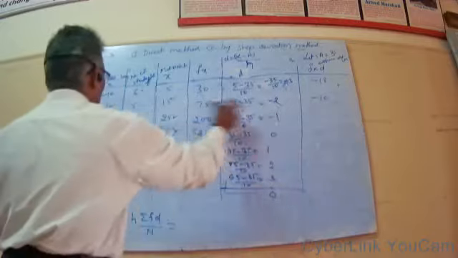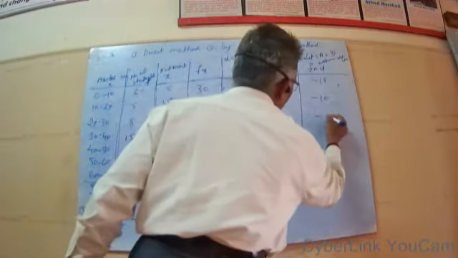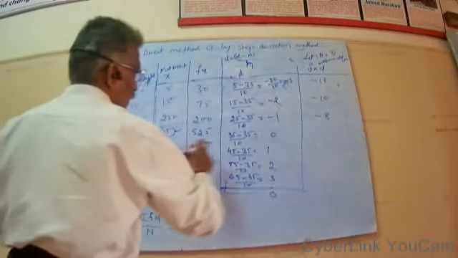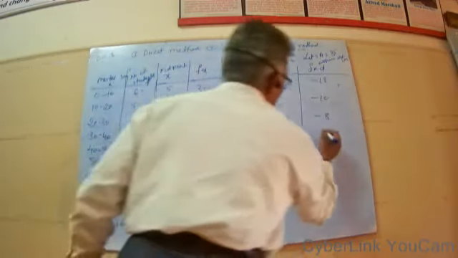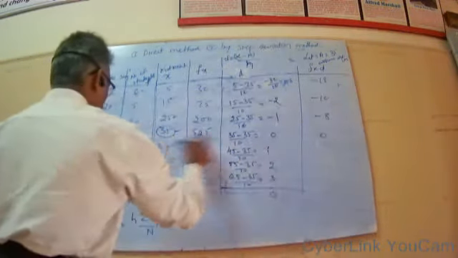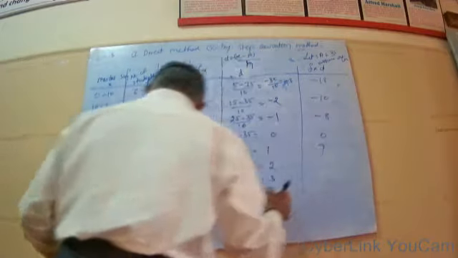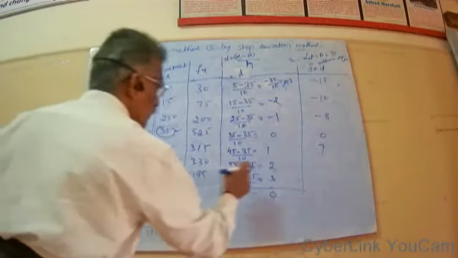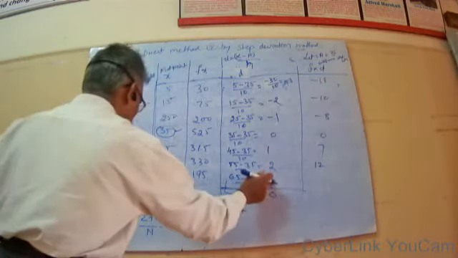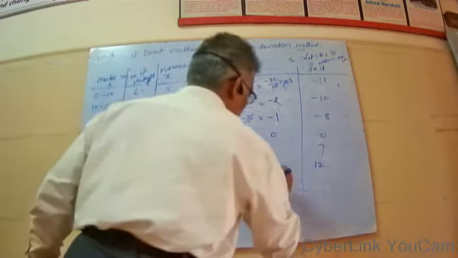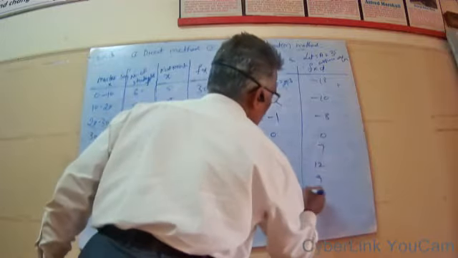Minus 1 into 8 is minus 8, and 0 into 15 is 0. 1 into 7 is 7, 2 into 6 is 12, and 3 into 3 is 9. These are the positive, these are negative.